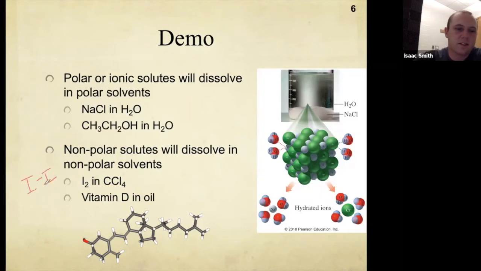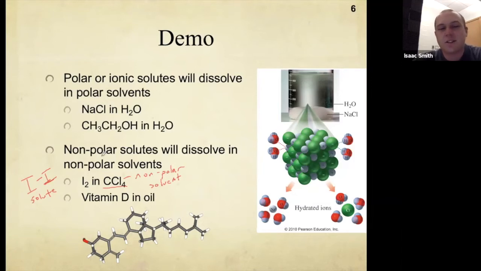Lewis structure, and it would have a bunch of lone pairs around the iodines, and it gets dissolved in the carbon tetrachloride. So carbon tetrachloride, if you drew out the Lewis structure, you'd be able to tell that this is a non-polar molecule. So it's a non-polar solvent. This is the solvent. And then your solute is your iodine, which is also non-polar, right? It's just an iodine with another iodine, diatomic.